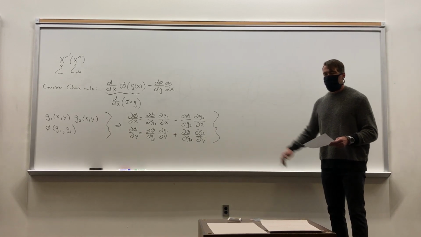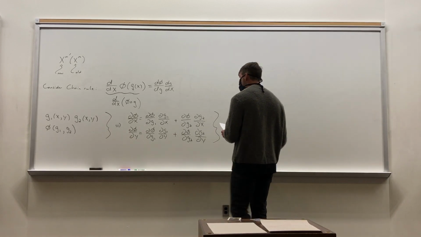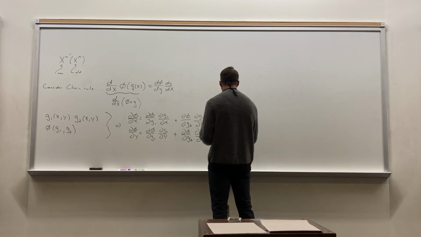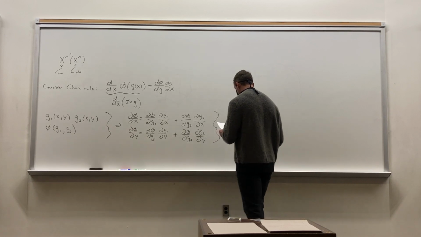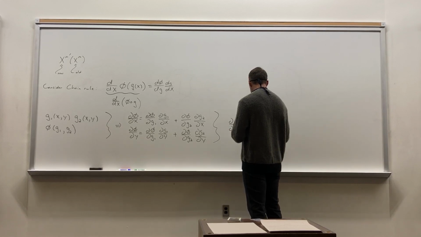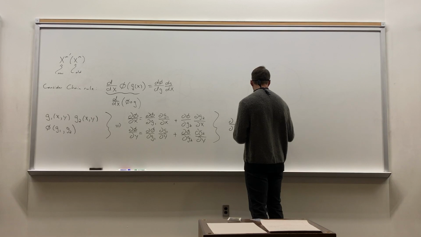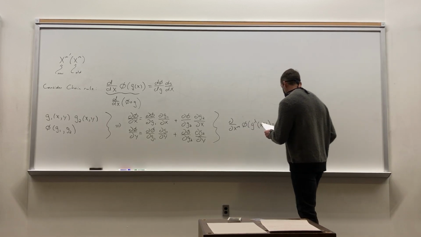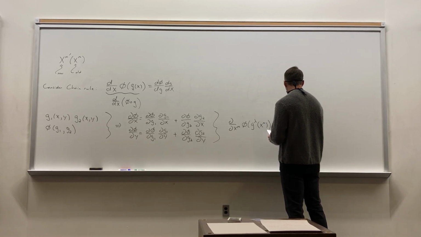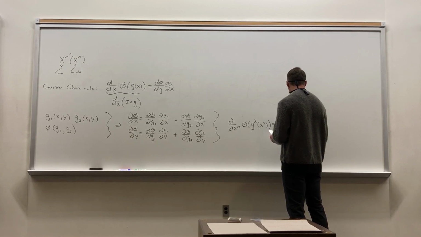So in index notation, this is going to say the partial with respect to x mu of phi, which is a function of g lambda, which is itself a function of x mu, is equal to the partial of phi with respect to g lambda times the partial of g lambda with respect to x mu.